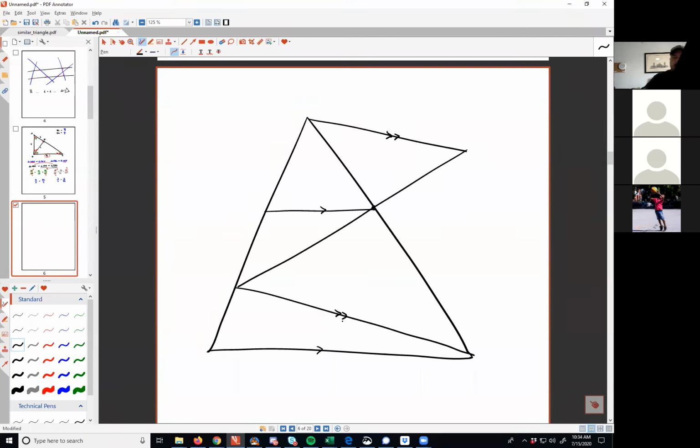So we have 2 pairs of parallel lines in this diagram. And here we want to prove that EY over EX is equal to AD over DB.